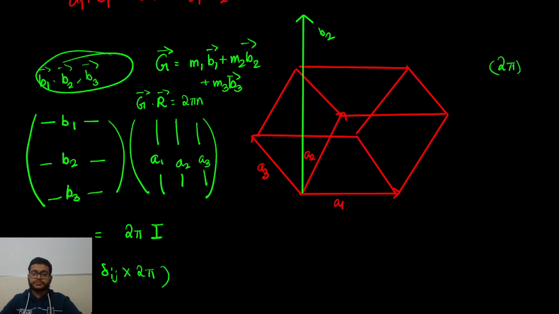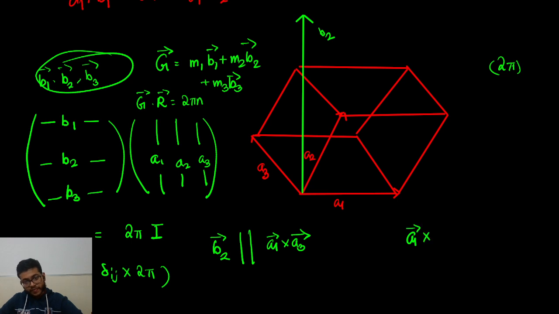So, okay, fine. We want to make b2. B2 is in the direction of a1 cross a3, parallel to a1 cross a3, so it is perpendicular to a1 and a3. Let's say we take a1 cross a3. It has some magnitude.